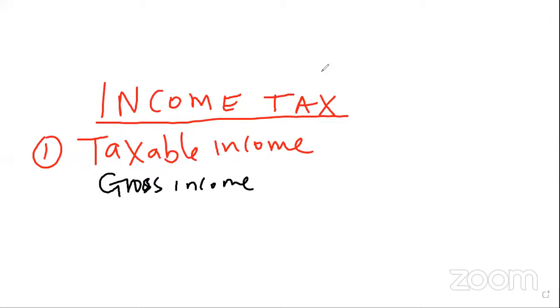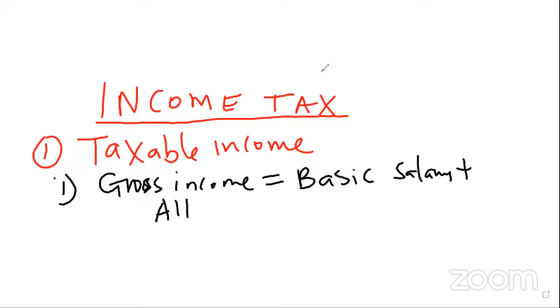So an individual, if you get an employment, you'll be having some terms of engagement or employment, and one of them is what we call the basic salary. Once you get the basic salary, you will be getting what we call allowances. So if you take basic salary plus allowances, you arrive at your gross income. That is one way of looking at it.